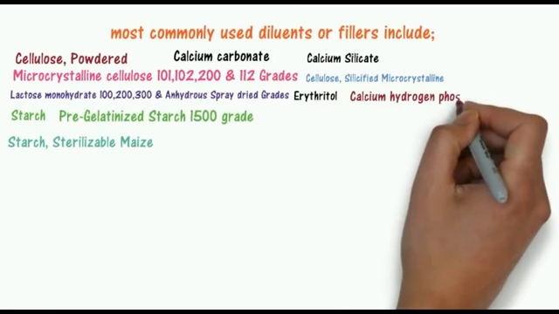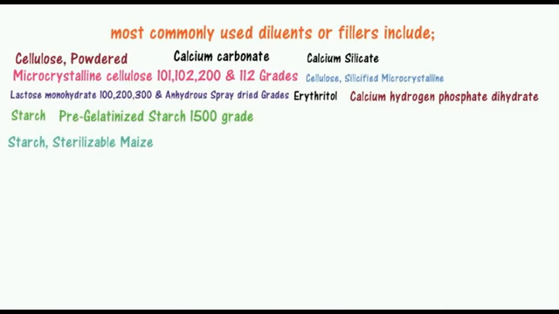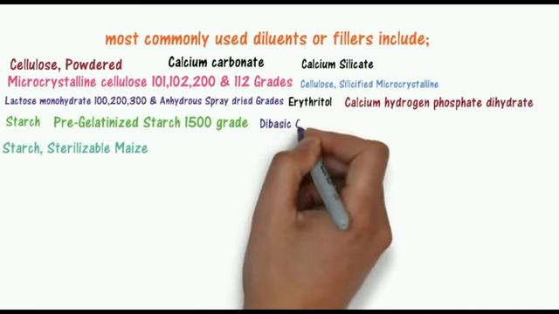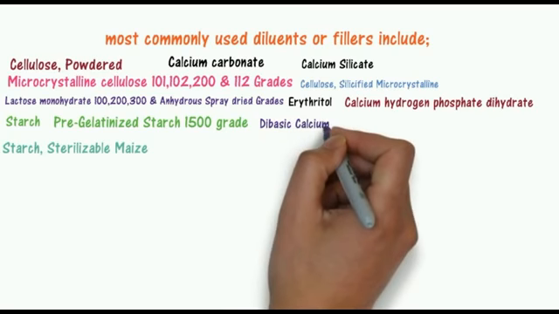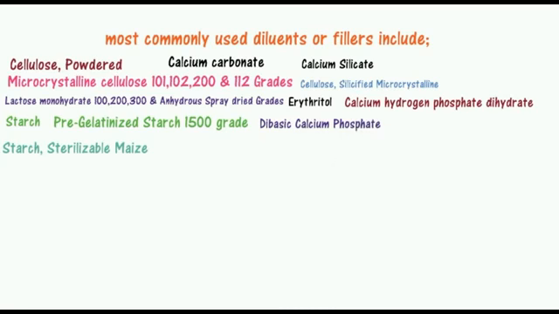Then erythritol, and the next one is calcium hydrogen phosphate dihydrate. The next one is dibasic calcium phosphate.